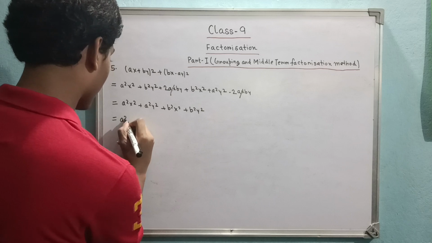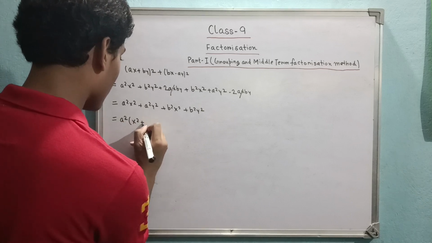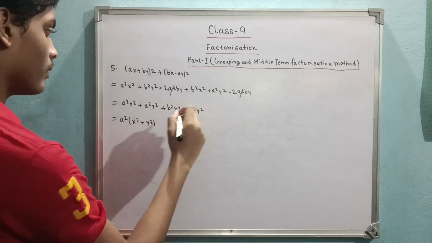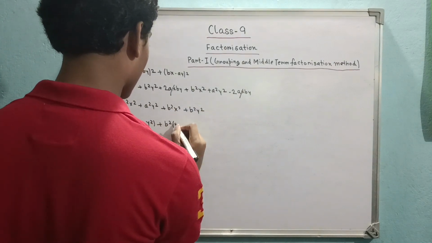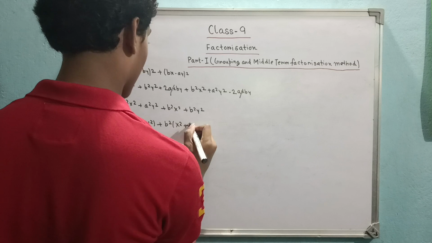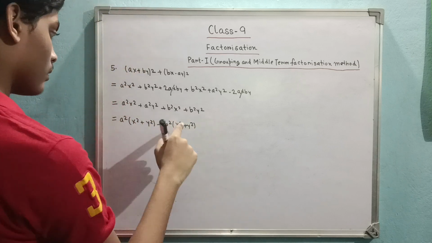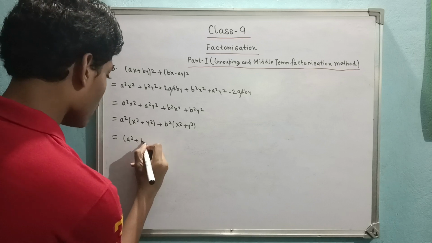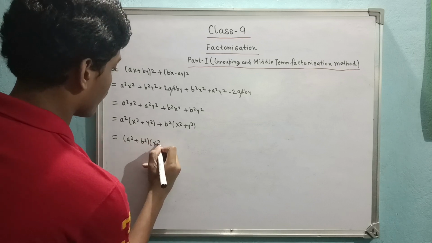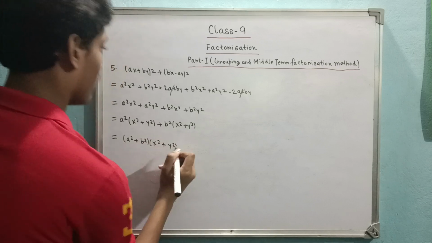I can write this as a square into x square plus y square. And from here, let's take the b square common. Can write this as plus b square into x square plus y square. These are the same, so I can write this as a square plus b square into x square plus y square.